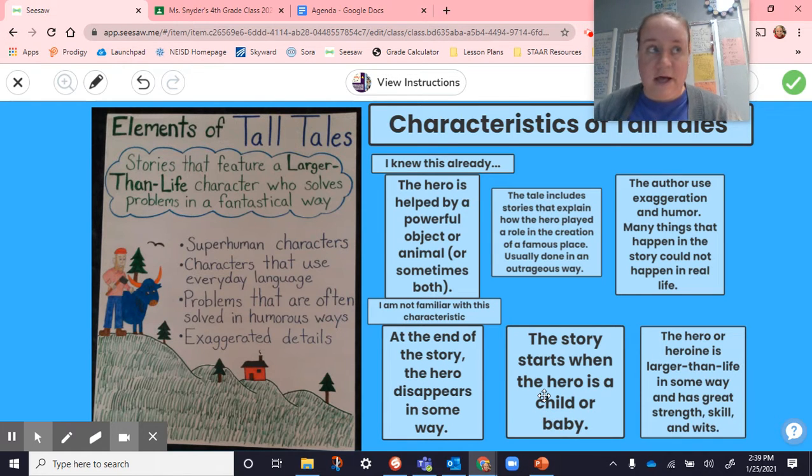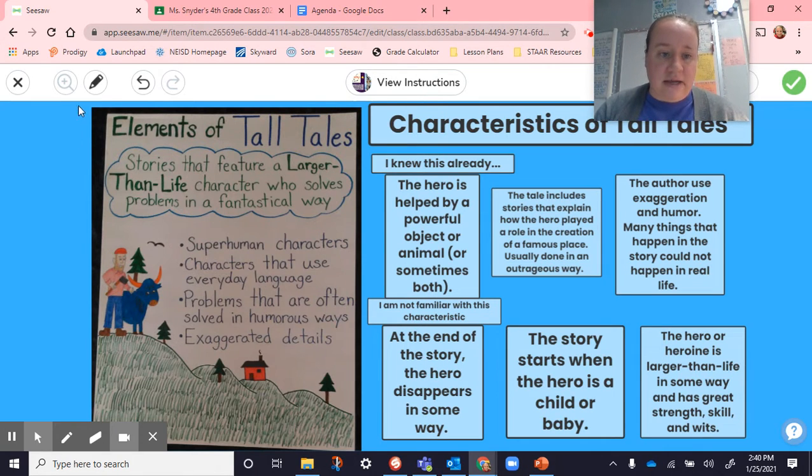Like the baby is born and he's like 50 pounds or something, and he's born with a hammer. He or she is super strong, with all these superhuman characteristics, and it starts from birth. Next, the hero or heroine is larger than life. They have some kind of great skill. They're super, super strong, wits, all of it.